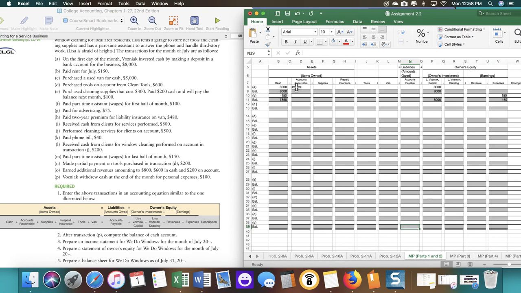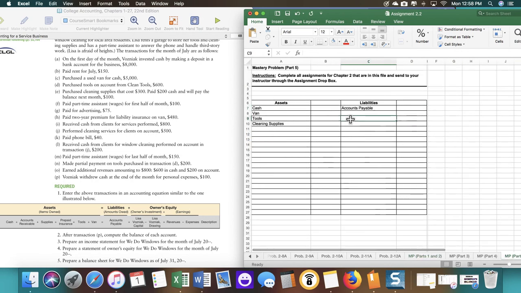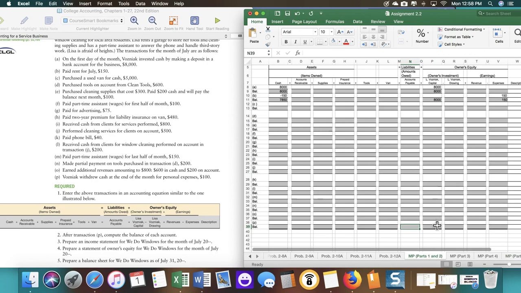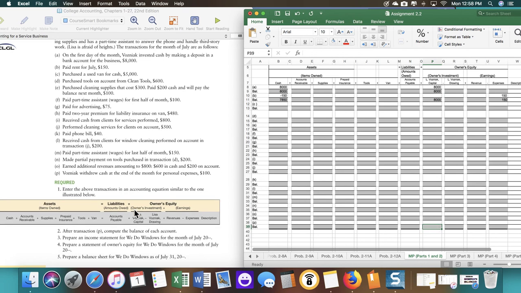We have cash, accounts receivable, supplies, prepaid insurance, tools, and van. So those are what you're going to need to make sure you list. And then this part would be the owner's equity. So you would list capital, and then whatever the amount ended up being on the bottom of part 1 and 2. So really that's all there is to this part of the assignment.